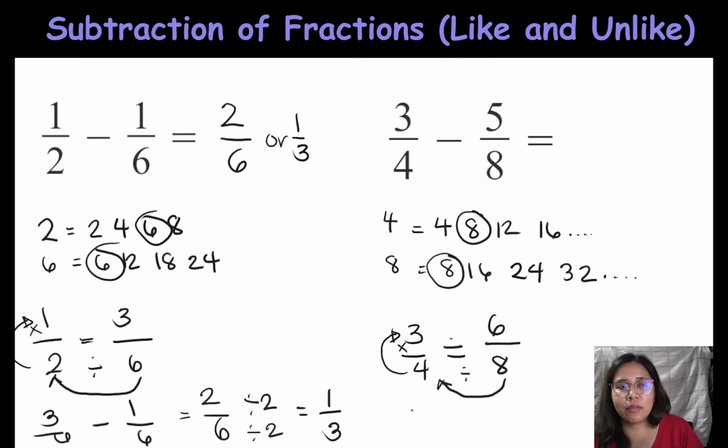Okay, so ang equation na natin ngayon is 6 over 8 minus 5 over 8. Okay. So, dahil like fractions na sila, hindi na natin gagalawin yung kanilang denominator. So, we copy 8 and then we solve 6 minus 5 is equal to 1. So, ang ating sagot, final answer is 1 over 8.